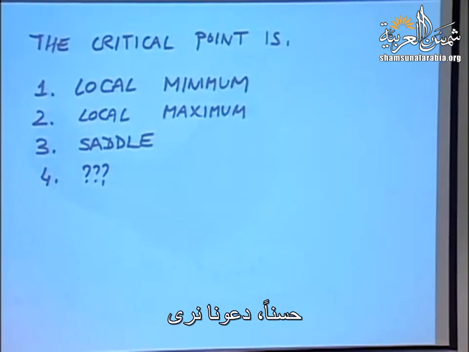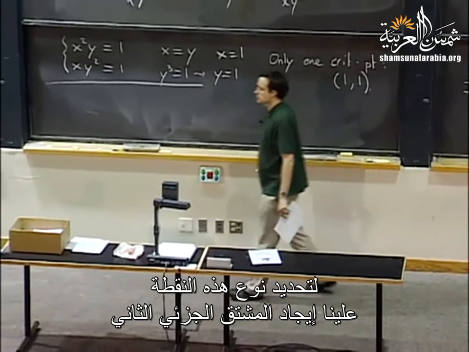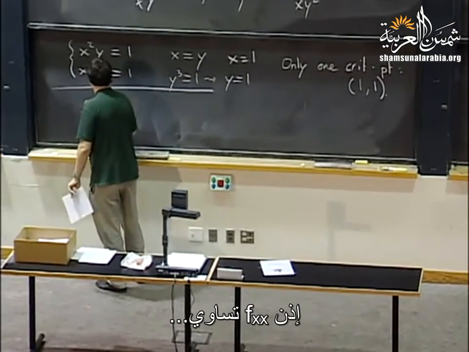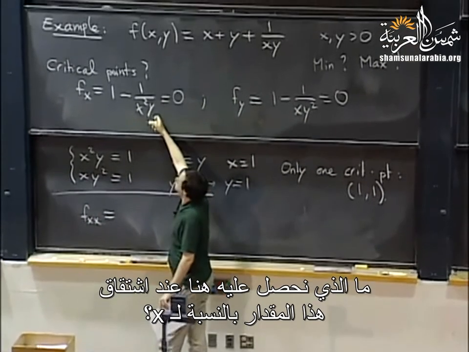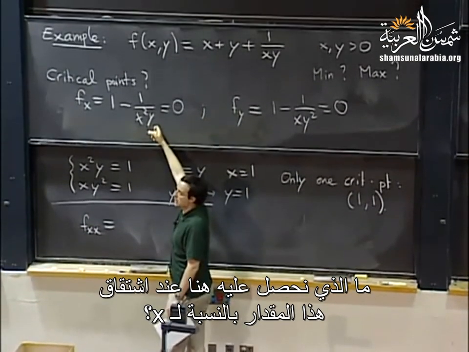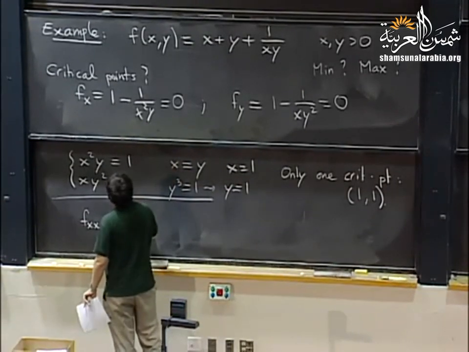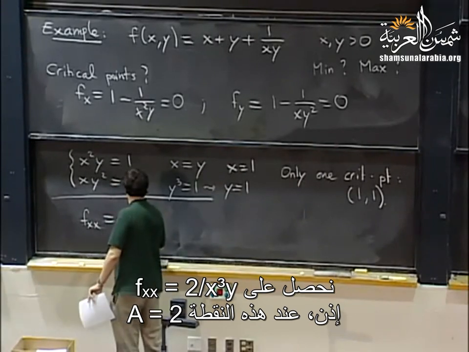Okay. So let's see. To figure out what type of point it is, we should compute the second partial derivatives. So f sub xx is, what do we get when we take the derivative of this with respect to x? 2 over x cubed y.